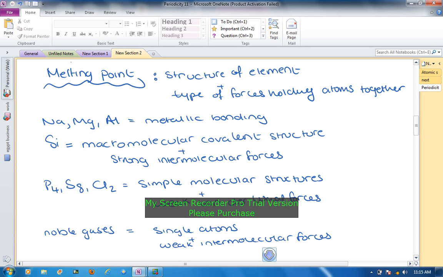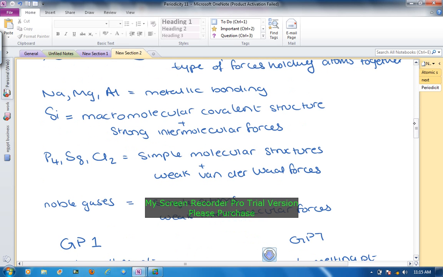So, magnesium has a higher melting point than sodium, and aluminum has a higher melting point than sodium and magnesium. Silicon is a little different. It has a macromolecular covalent structure with very strong bonds, which causes it to have the highest melting point in period 3.